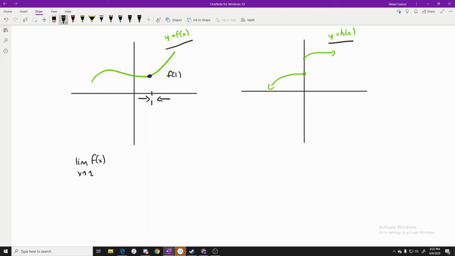As we can see, this graph approaches this value from the left, and from the right it approaches the same value. So we can conclude that the limit of f of x as x approaches 1 will equal f of 1, because the limit from the right-hand side and the limit from the left-hand side both equal f of 1.